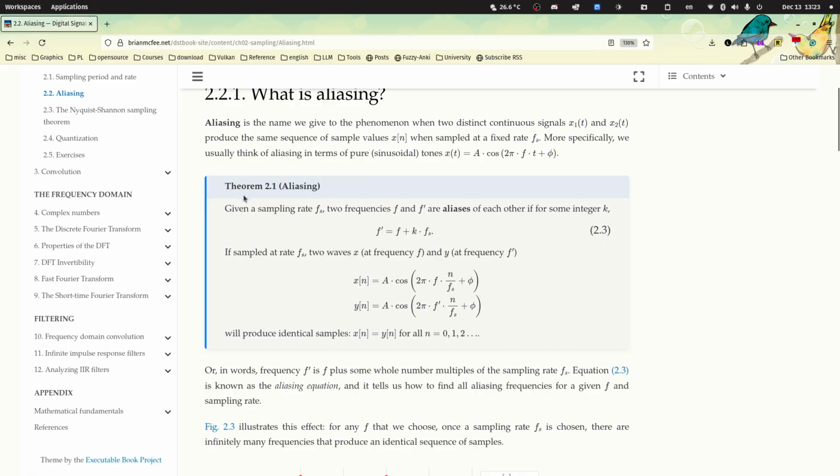This definition gives a sample rate fs. Two frequencies f and f prime are aliases of each other if, for some integer k, f prime equals f plus k times fs.